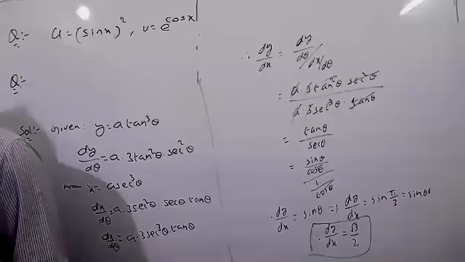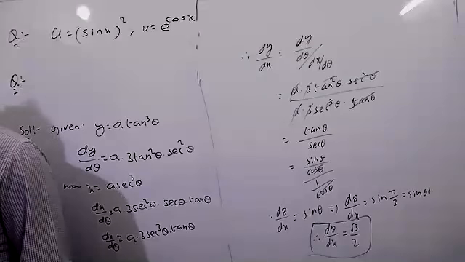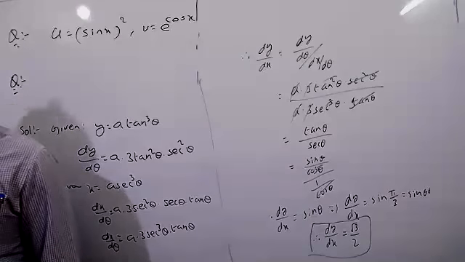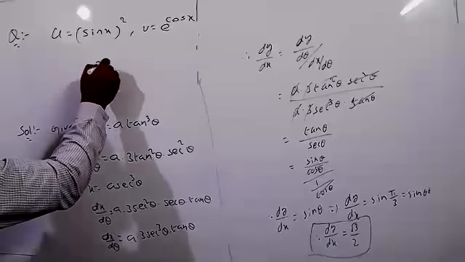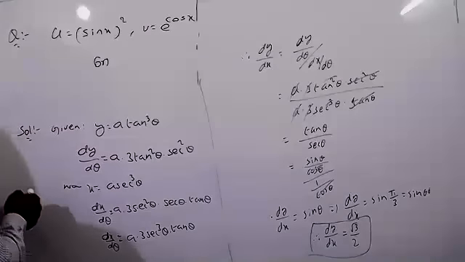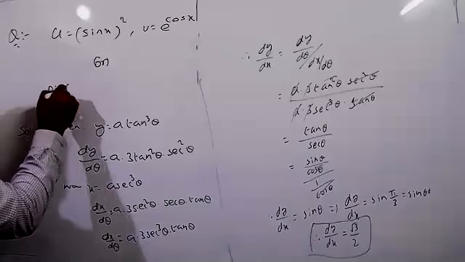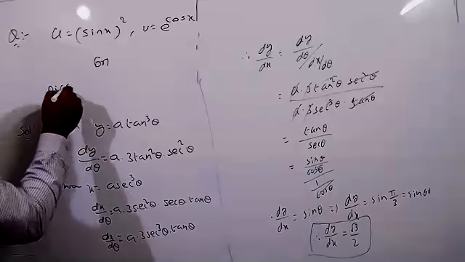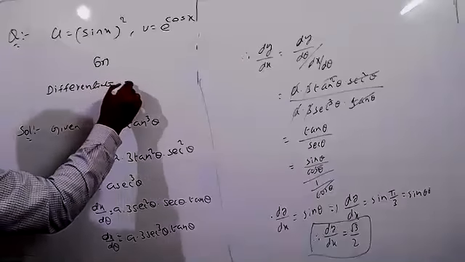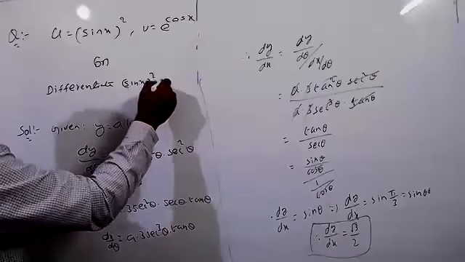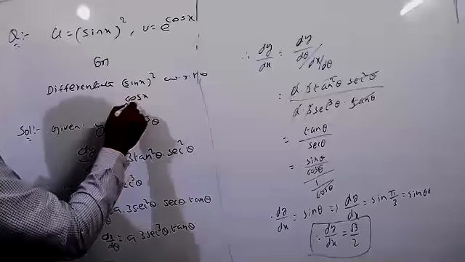This is more important to you. You can write now. The same question only, they'll ask one more way also. That is, differentiate sin x whole square with respect to e power cos x.